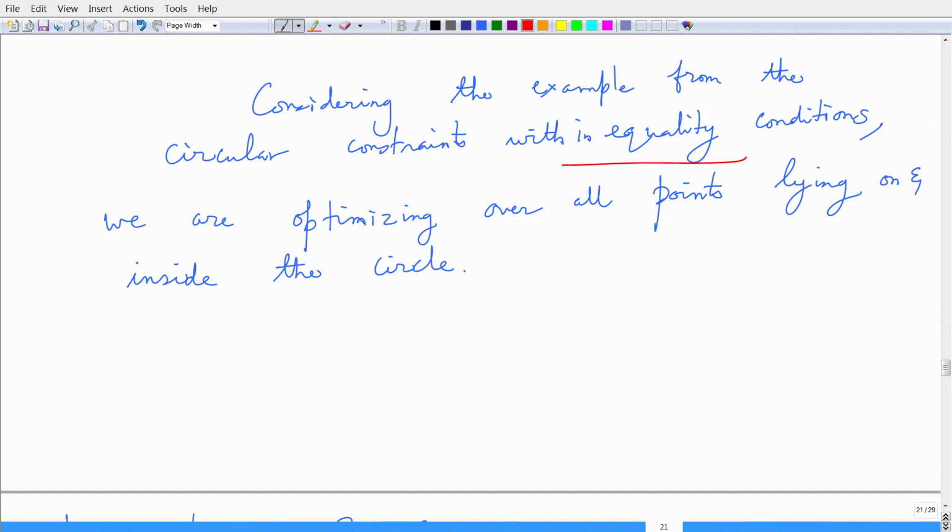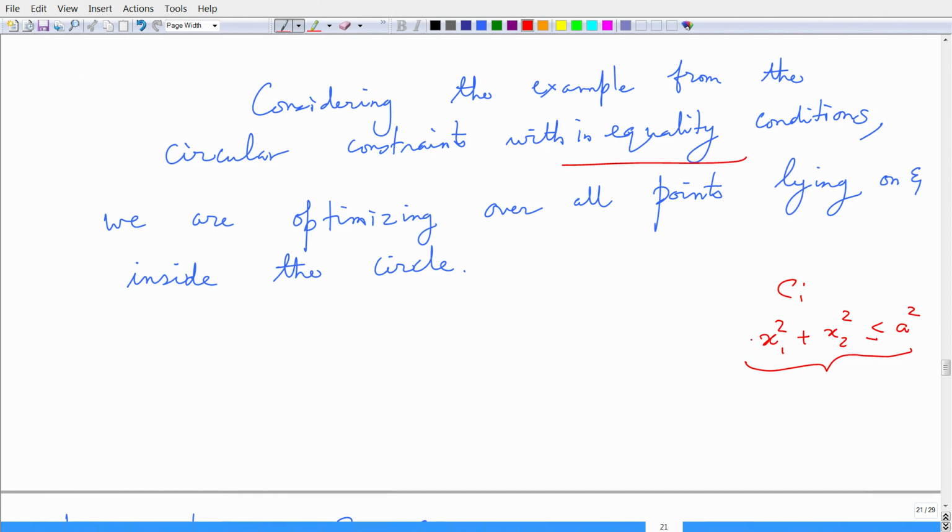So, if I am looking at x1 square plus x2 square is less than or equal to a square, then this is an inequality constraint that is satisfying all points that are lying inside the circle.